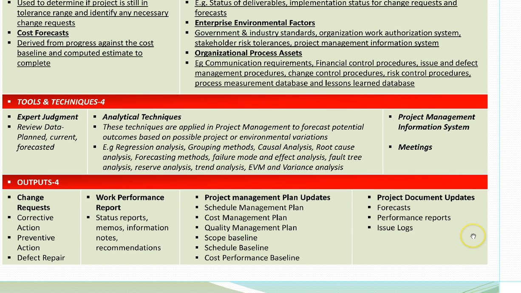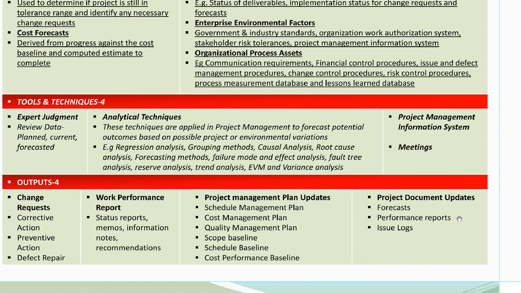And the last output is project document updates. Again, we have project plan updates and project document updates. Now these are forecasts. If there are any changes in the forecast, maybe for the cost or the schedule, we have to go update those. We have to update the performance reports.